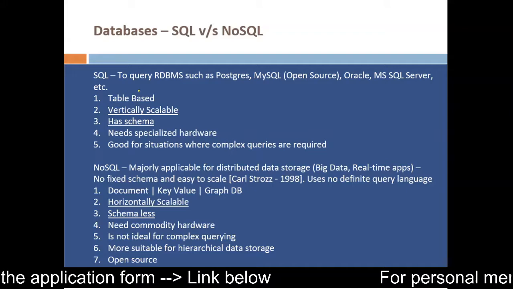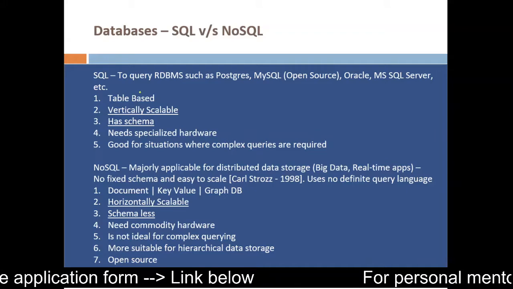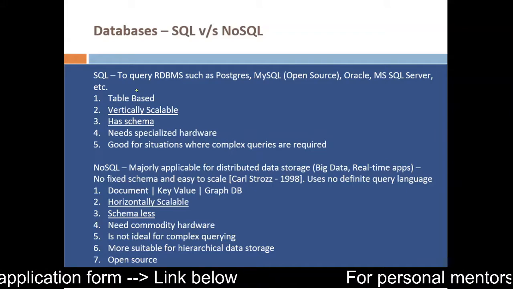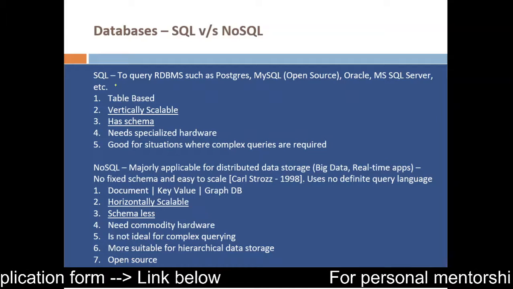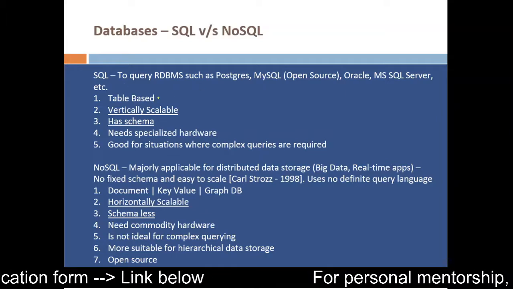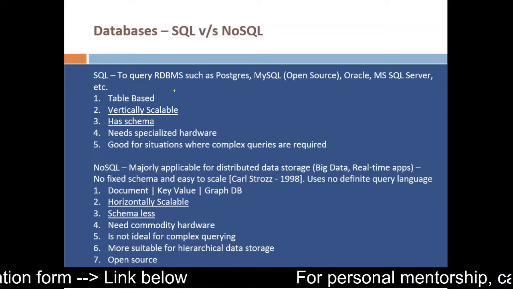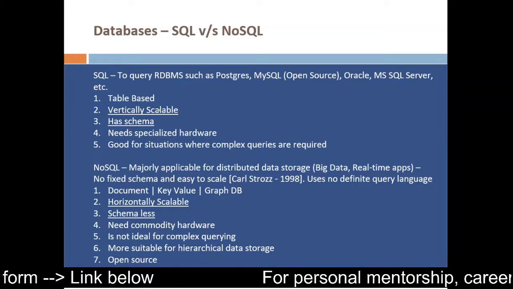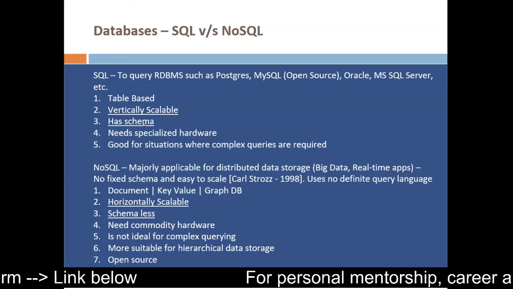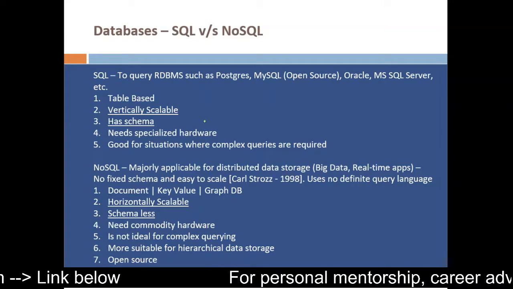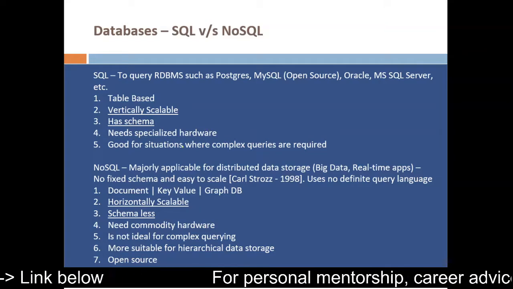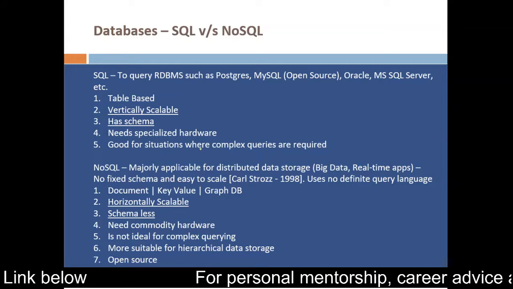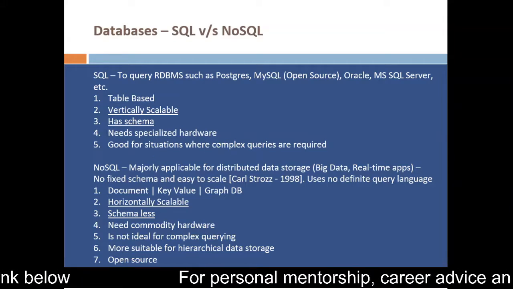So what distinguishes an SQL type database from a NoSQL type database? Firstly, an RDBMS is a table based structure, right? And it's vertically scalable. It has a particular schema and it needs specialized hardware. It's more applicable for situations where complex queries are required.